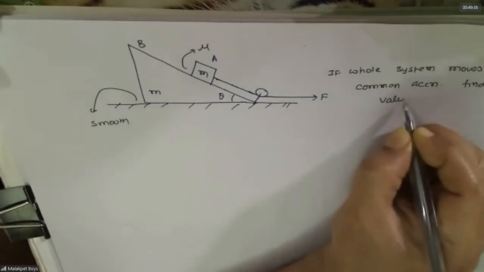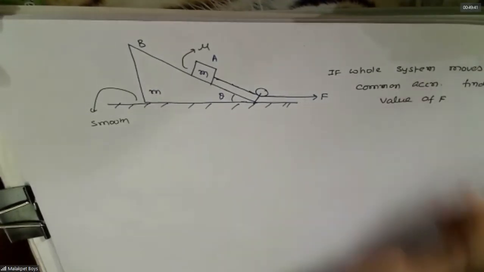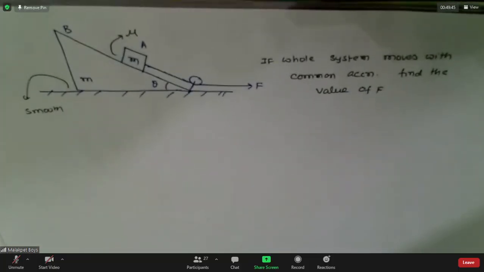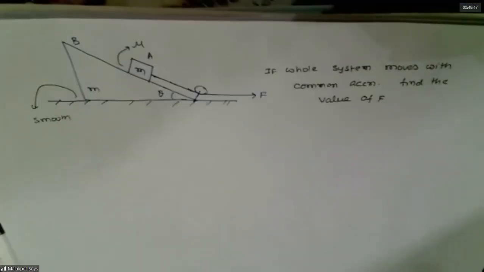Sir, can you please move the page a little sideways? Thank you, sir. Clear? Yes, clear, sir.